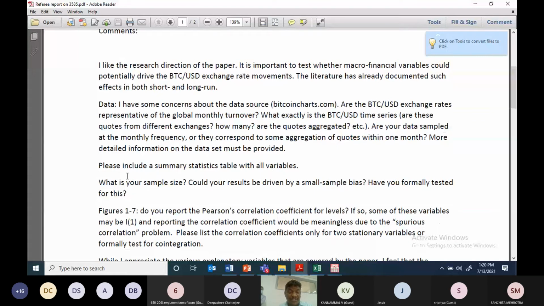Please include, madam. Have you seen this? Can you see? Yes, sir. One of the comments I got: please include a summary statistics table with all variables. After all, this is a descriptive table, and as you said, in descriptive it is very important. They also spoke about the correlation coefficient.